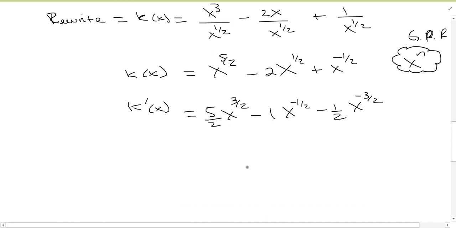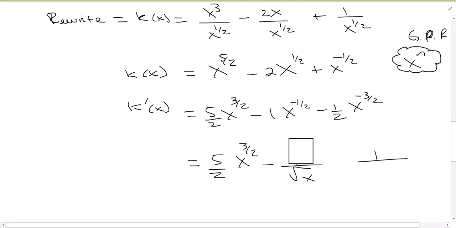And so that's our derivative. And let's simplify it, no negative exponents. So this will be 1 over the square root of x, and then minus 1 over x to the 3/2.